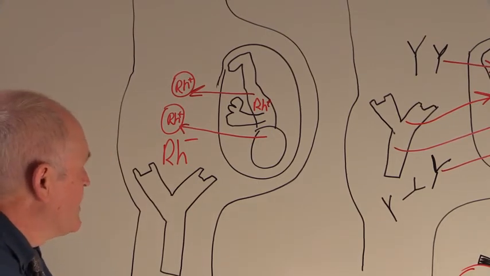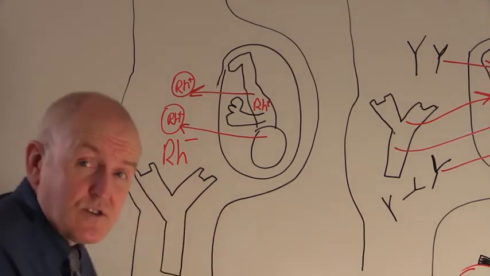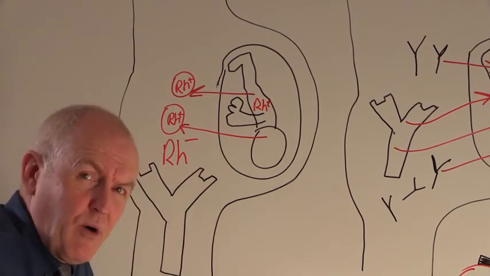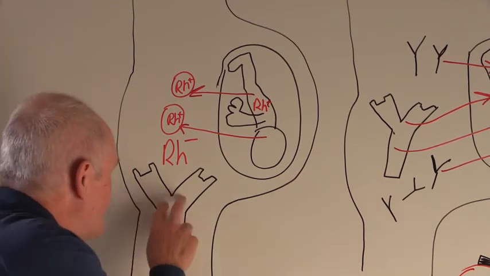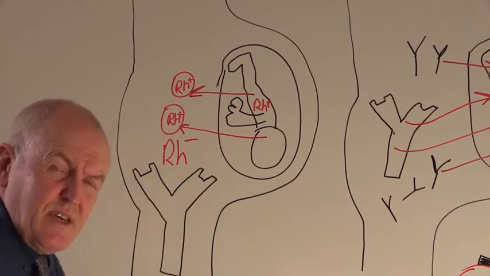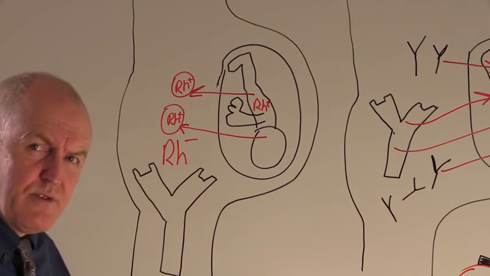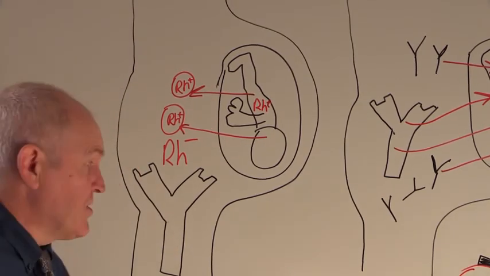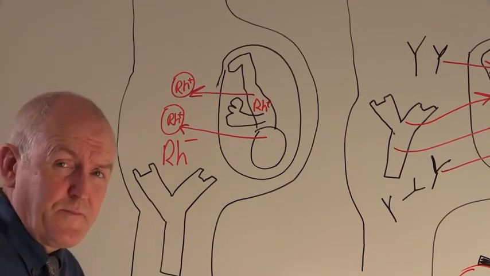Now, a lot of units will give an injection of anti-D at about 28 weeks in pregnancy. But the critical point is to give an injection of the anti-D antibodies, a form of passive immunisation of the mother really, immediately after birth or as soon after birth as we can, or certainly within the first 24 hours.